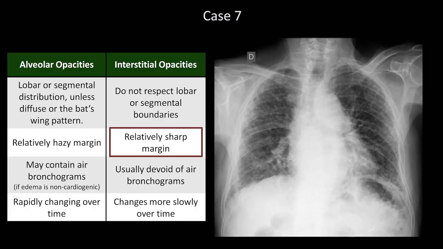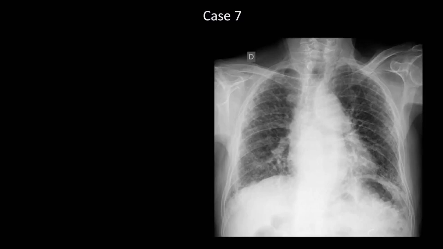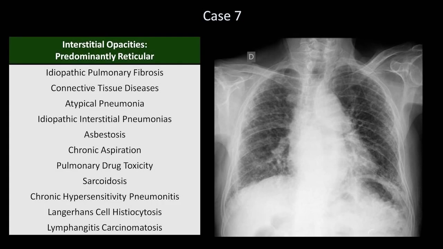If you recall, interstitial opacities are usually further subdivided into reticular opacities if there are too many lines, nodular opacities if there are too many dots, and reticulonodular opacities if there are too many of both. In this case, it seems to be a predominantly reticular pattern. Here's the differential diagnosis of predominantly reticular interstitial opacities.